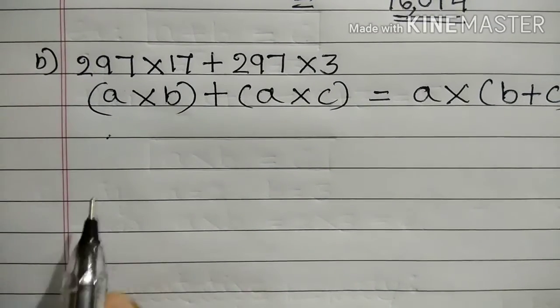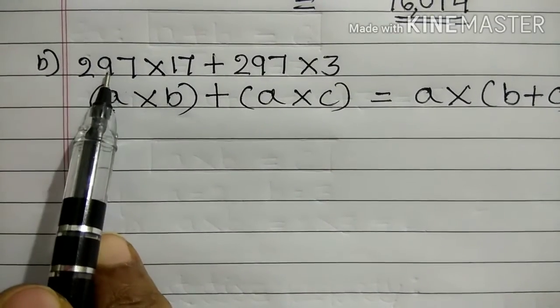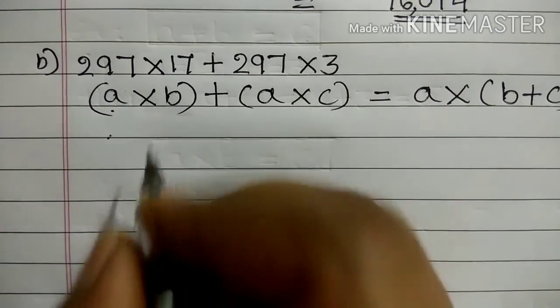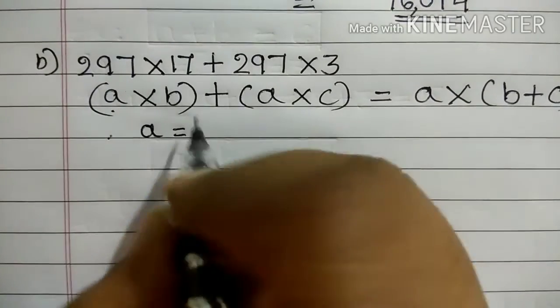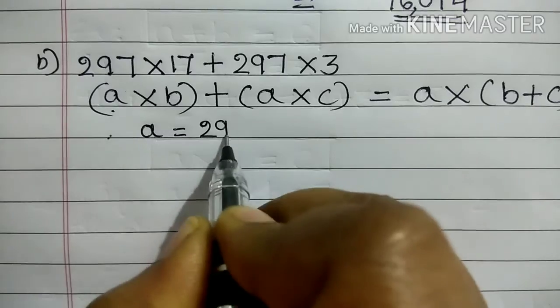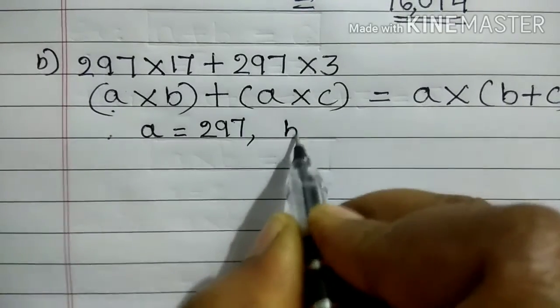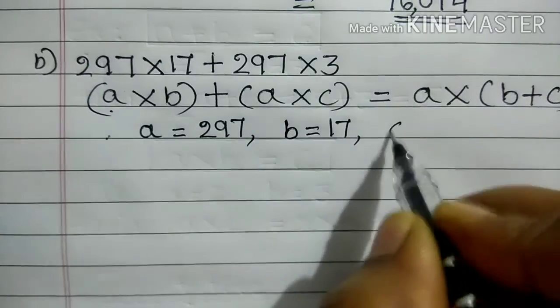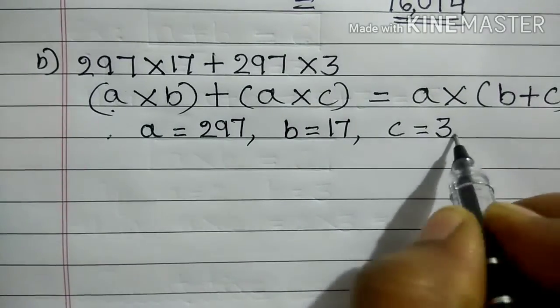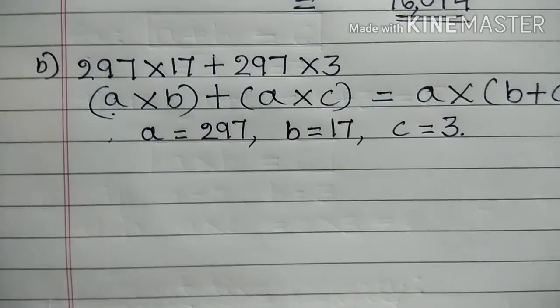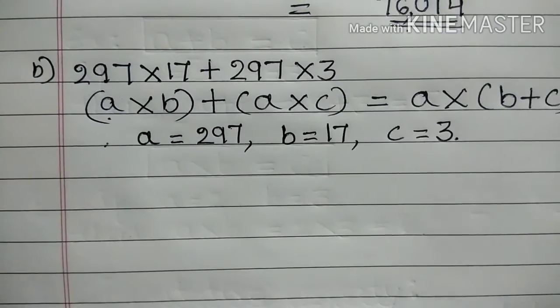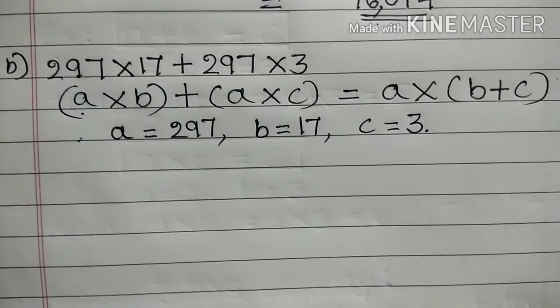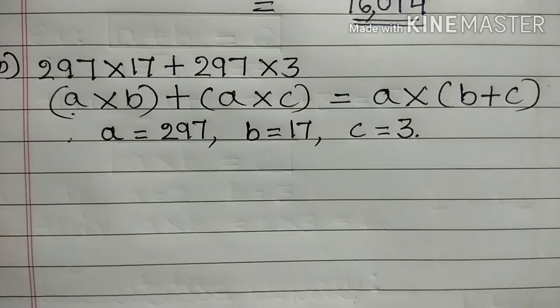See here, children, the value of a is 297, the value of b is 17 and c is 3. According to the distributive property, we have to solve this problem.